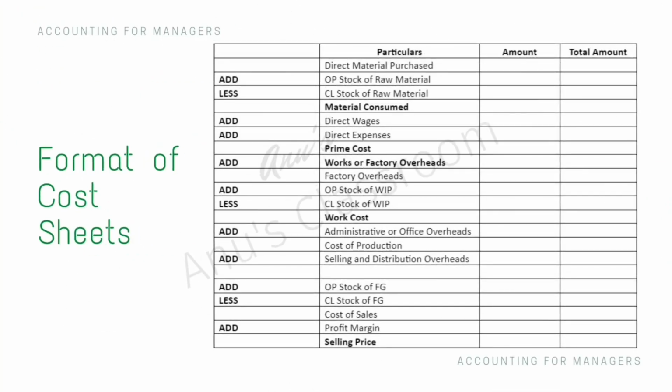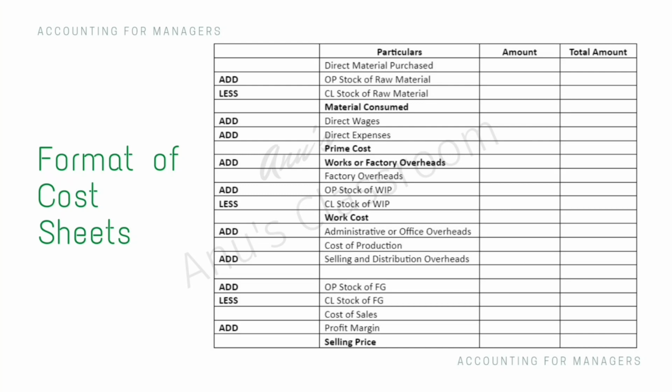A simple format of a cost sheet can be thought of like this. We have the cost associated with the direct materials purchased. We will add the opening stock of raw materials and we will reduce the closing stock of raw materials.